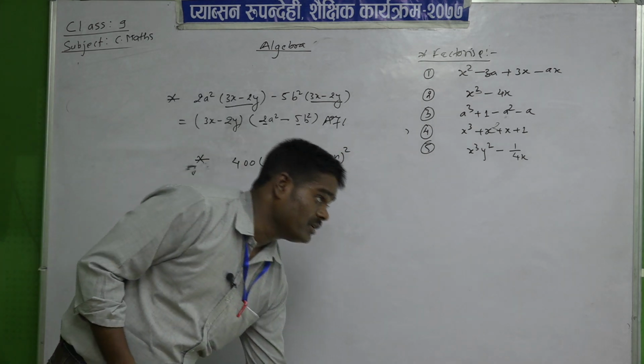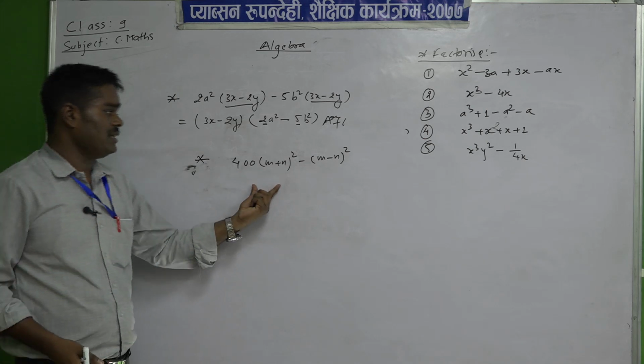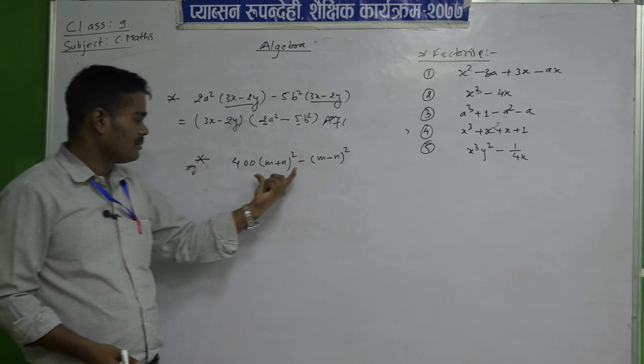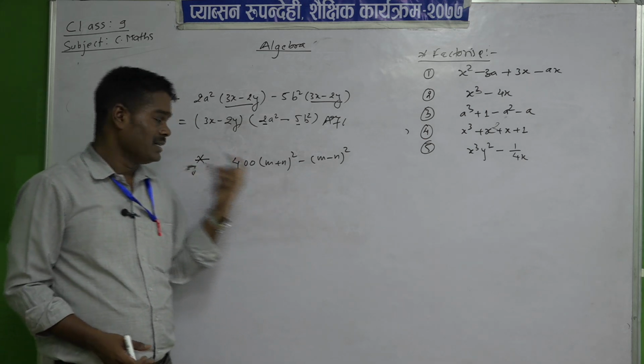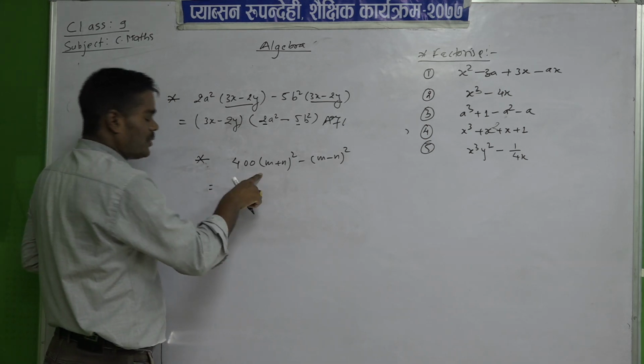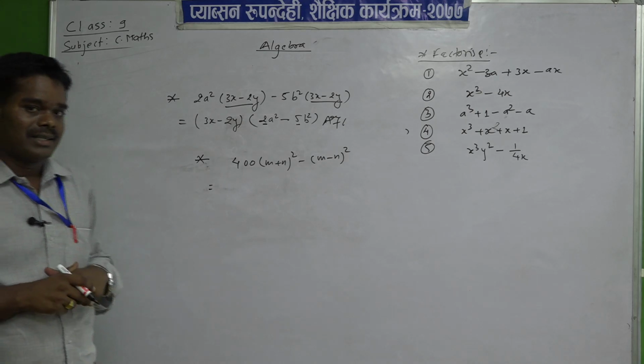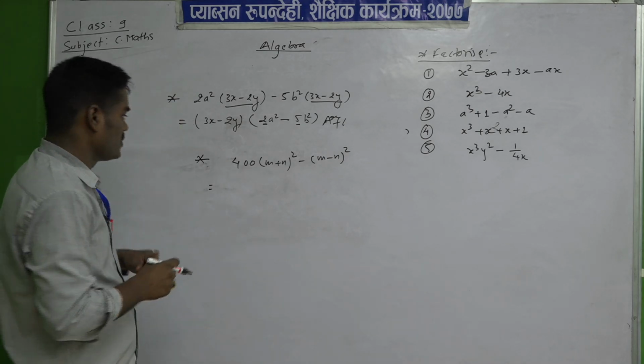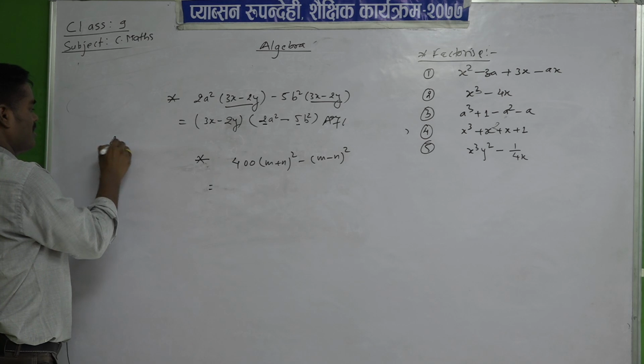This is also a binomial expression and we have to find the factors of this binomial expression. So can you write 400 in a square form? The square of 20 is what? 20 into 20.